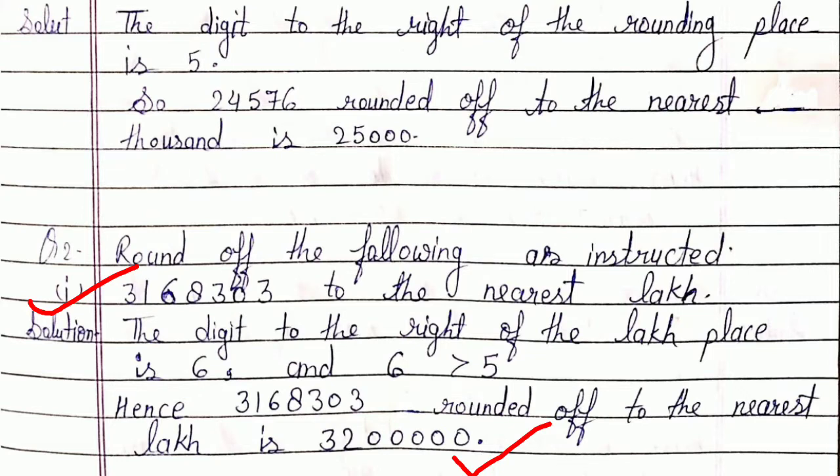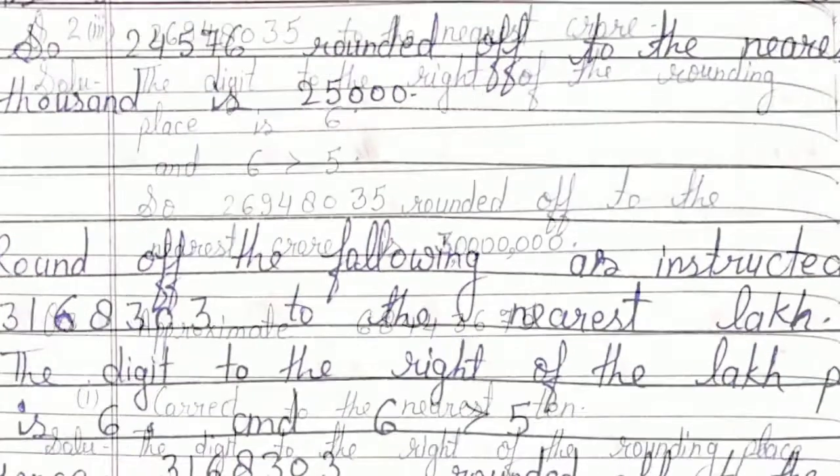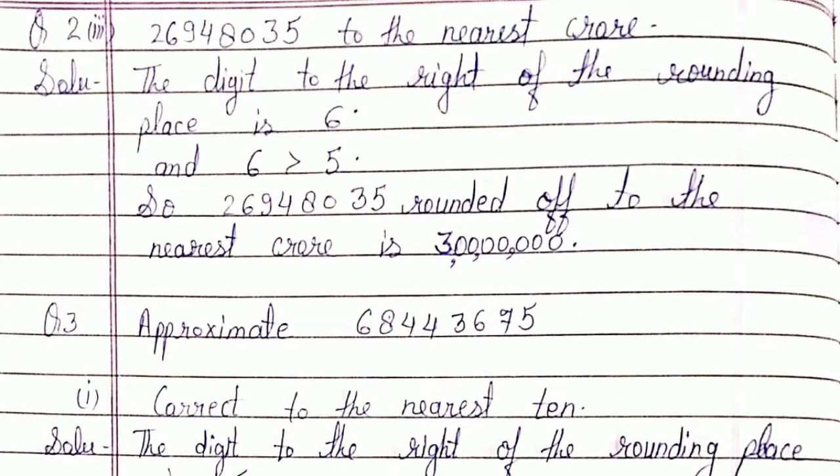Let us see the next part of this question. Now, question number 2, third part. 2,69,48,035 to the nearest crore.